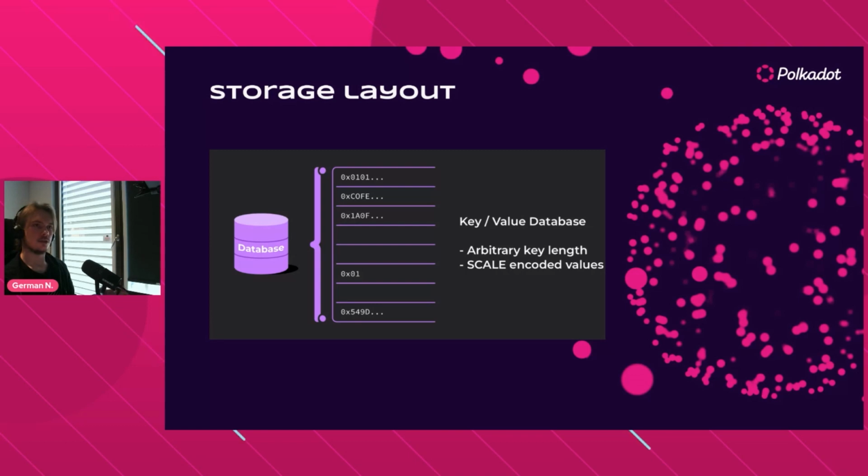But for the simplicity of illustration, we're going to consider storage as a database with key-value pairs, where the keys can be of arbitrary length, and values are encoded using SCALE encoding to optimize the storage and reduce bytes and bits.